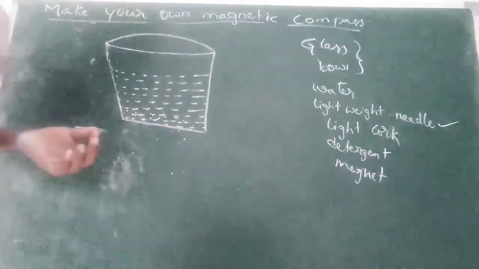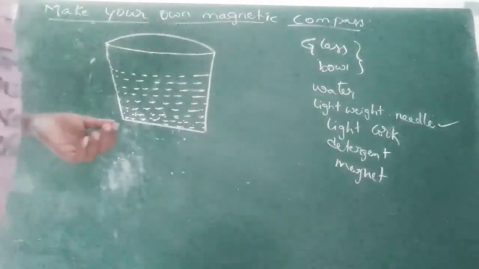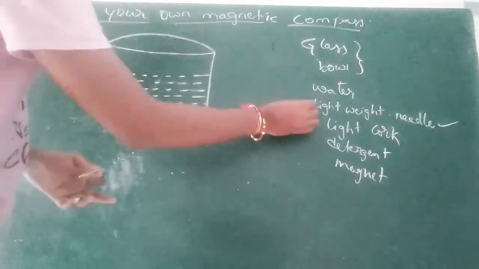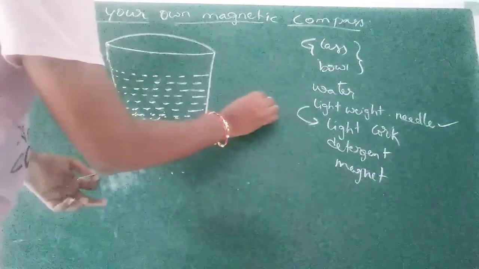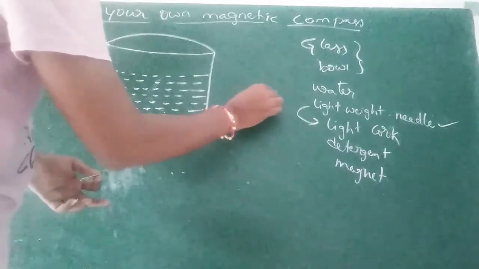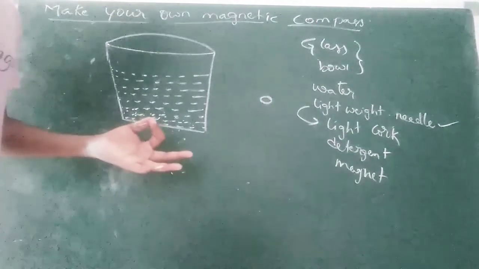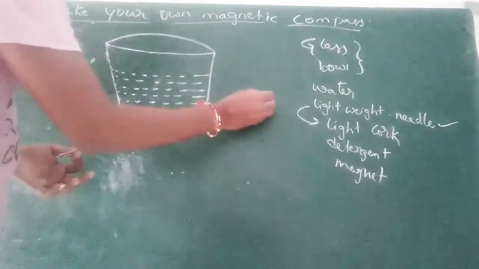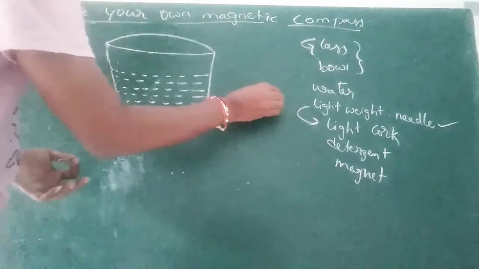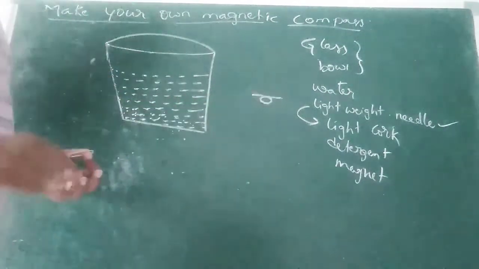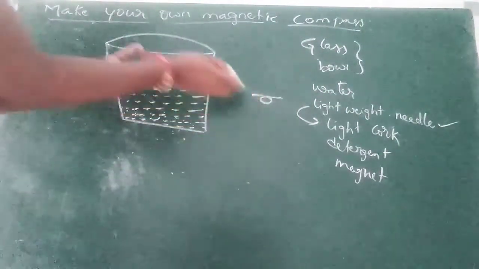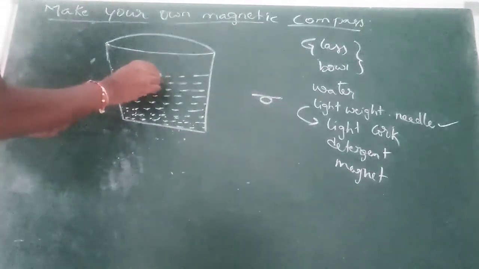Now take a light cord and fix that needle to the light cord. The cord is nothing but a lightweight material which is floating on the surface of water. So to this cord, fix that needle. Place this on the surface of water.